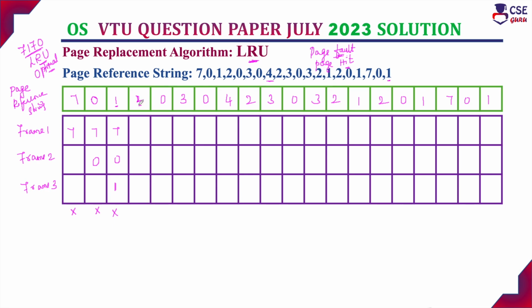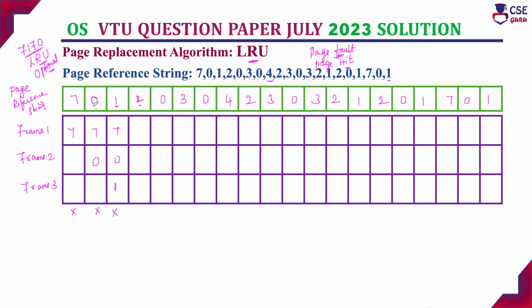How do we select the victim page? See the past string. In the past string, the pages you have recently used you should not select as the victim page. The least recently used you have to select as the victim page. Meaning, recently used pages may be required in future, so you should not replace the recently used pages. 1 is recently used, next recently used is 0.